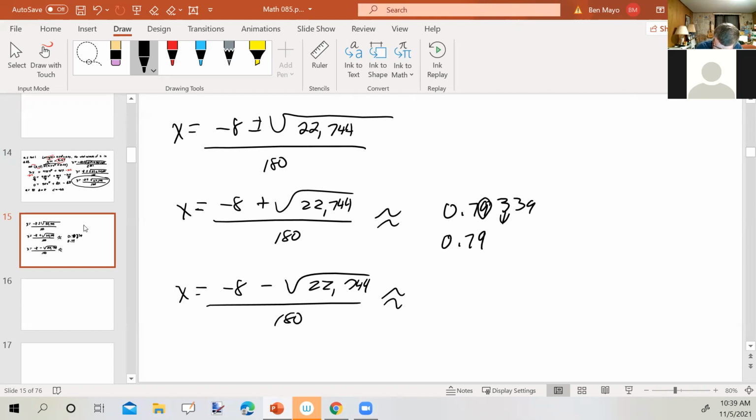Again, what I put into my calculator was parentheses, negative 8 plus the whole square root of 22,744, with the extra set of parentheses, and then divided by 180. Then I'm going to do the same thing, except instead of a plus, it's going to be a minus.